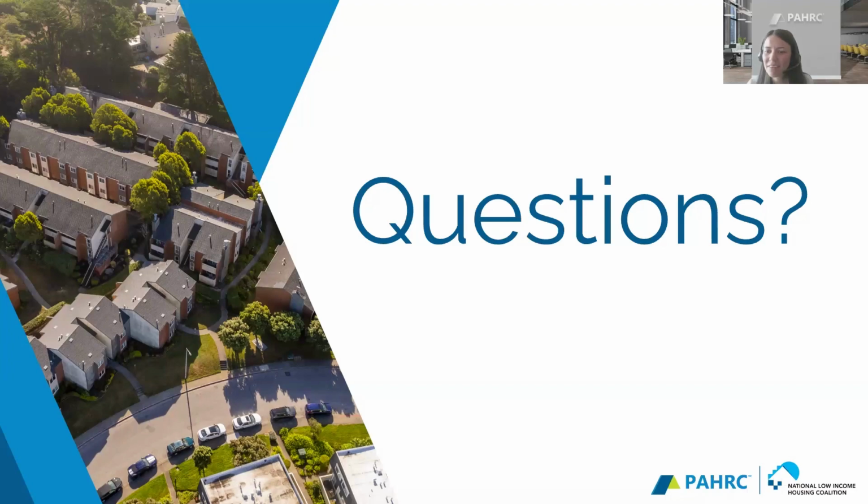Another question, or more of a comment, is on mixed finance properties and how they can be confusing. One client lives in a property that's listed as project-based Section 8, but not every unit is covered, and that is a common occurrence in the NHPD. You can use the NHPD to potentially identify mixed income properties by looking at discrepancies between the total units of the property and the number of assisted units at the property.